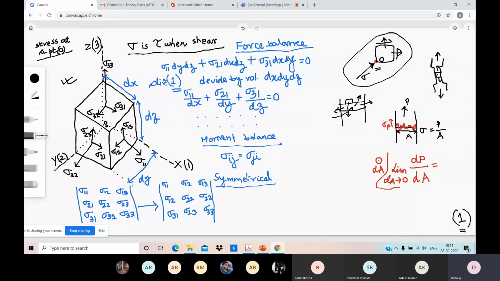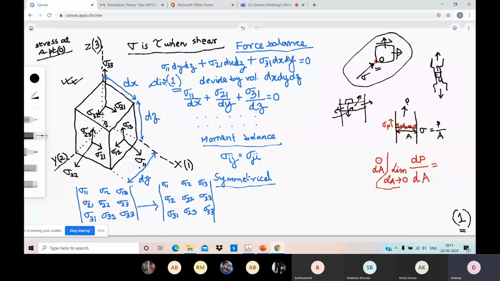If you consider a complex state of stress, then actually a body is subjected to multiple stress components. And the best way to represent it is considering this parallelepiped, and the components are shown acting on the major faces of the box. So these are the stress components.